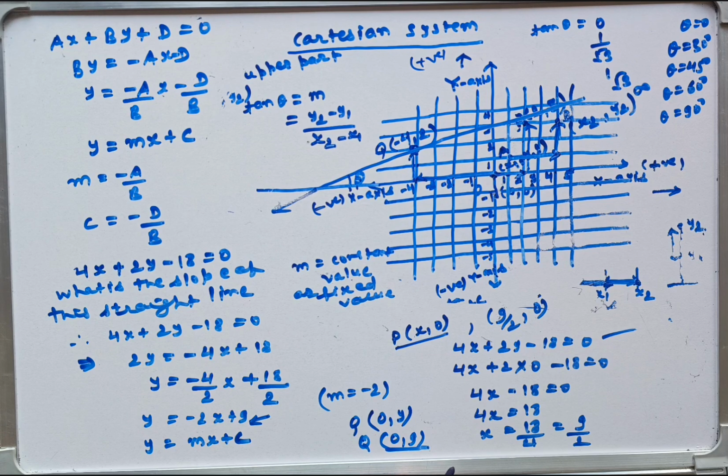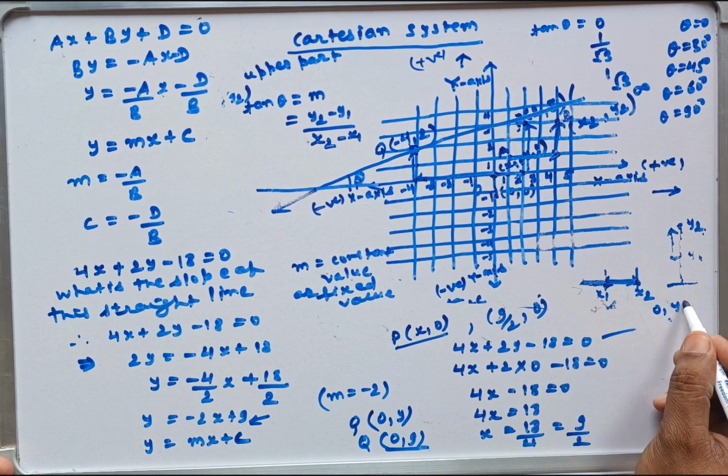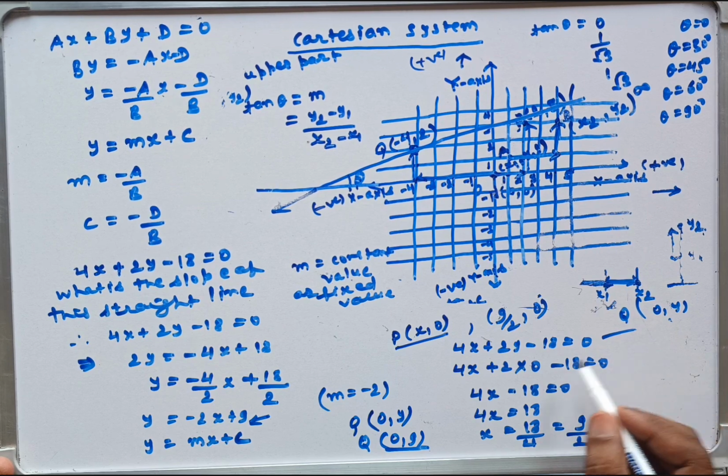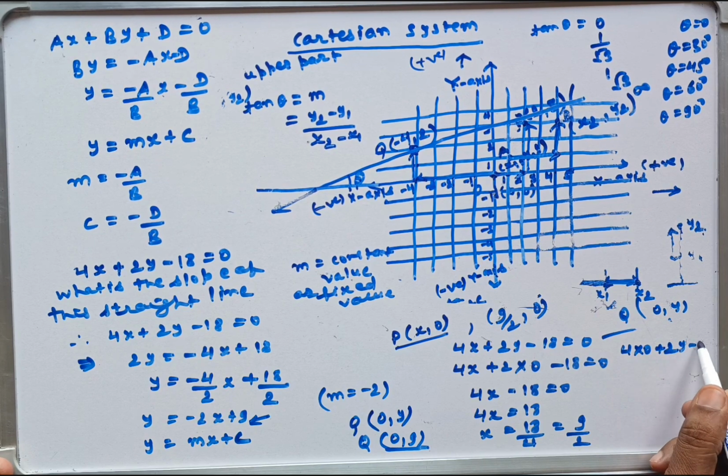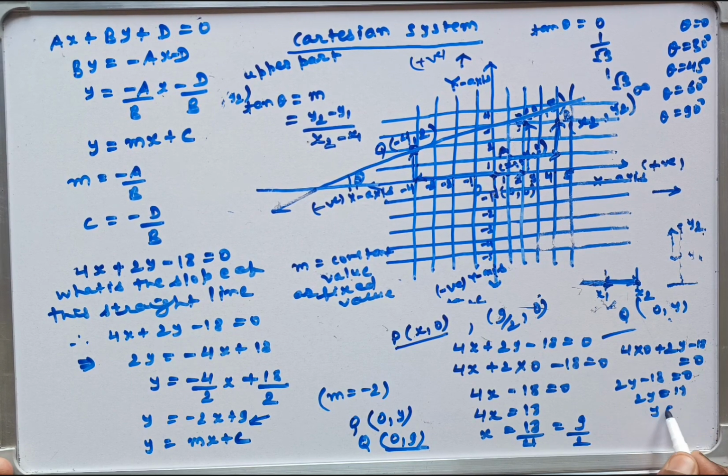The constant value gives you where the line cuts the y-axis. You can also check whether this is true. If we put 0 and y as the coordinates of Q in this equation, we get 4 into 0 plus 2y minus 18 equals 0. So this is 2y minus 18 equals 0, so 2y equals 18, and y equals 18 by 2, which is 9.